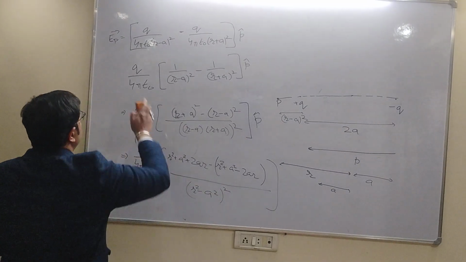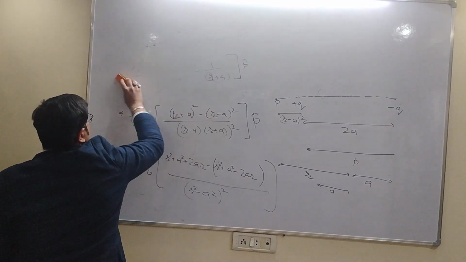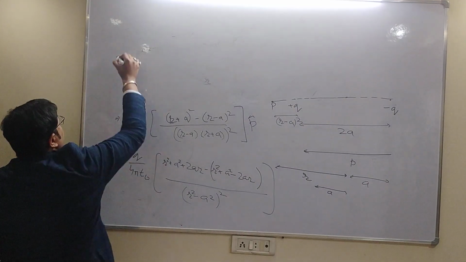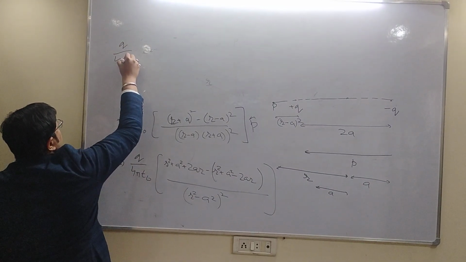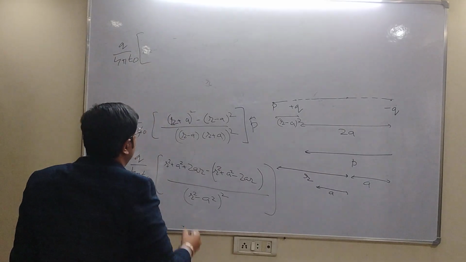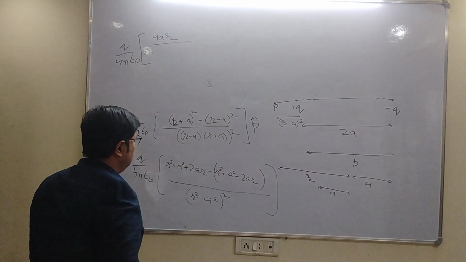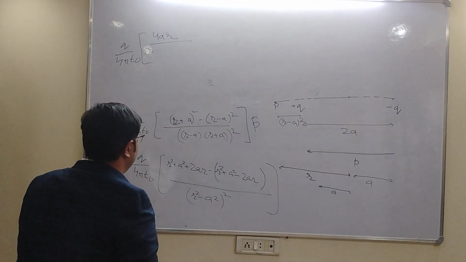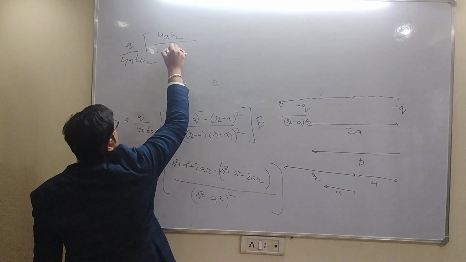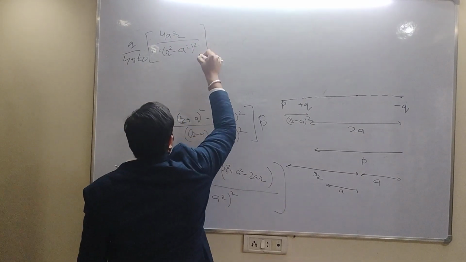Okay, so moving ahead, q over 4 pi epsilon naught times 4ar over (r square minus a square) power 2.